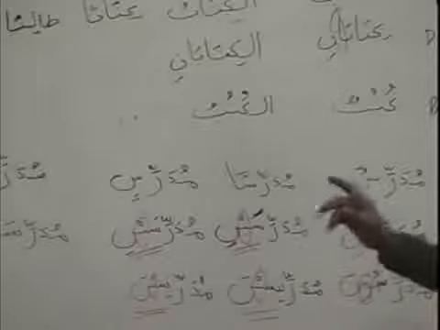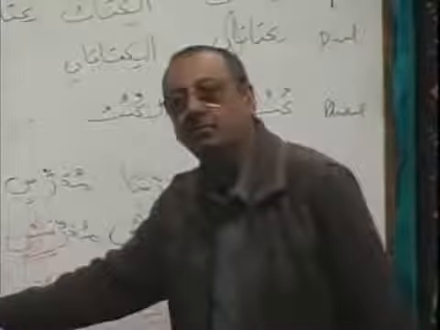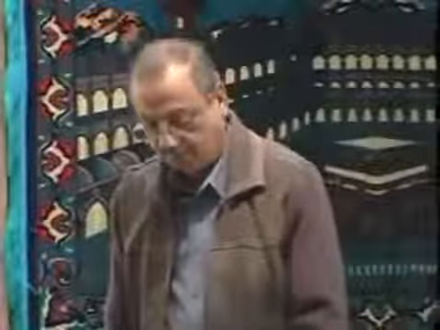Now, I want to do the rest tomorrow because I haven't done the Jama Muannas Salim, because we have only 5 minutes and I want to repeat this, so that in the book, now the duals are coming. In lesson number 18, the duals will come, but only in the marfu form, so it will all be ani, ani, ani.